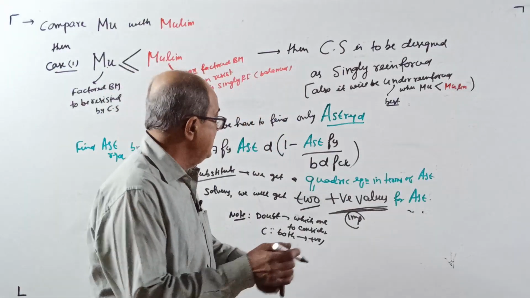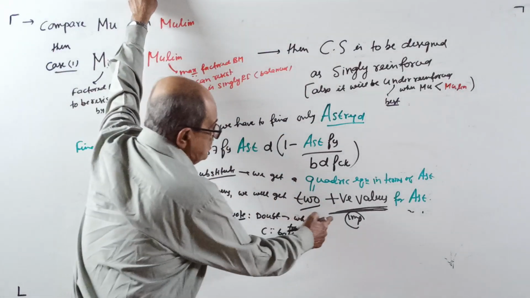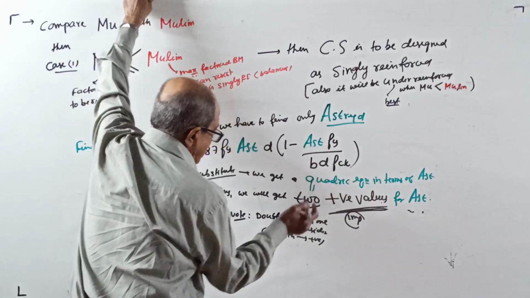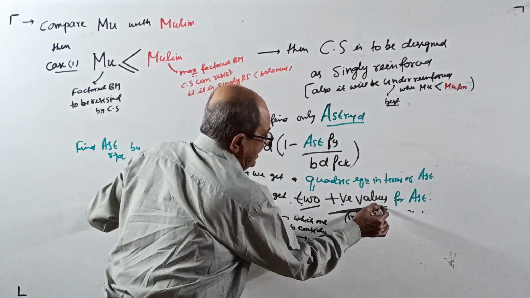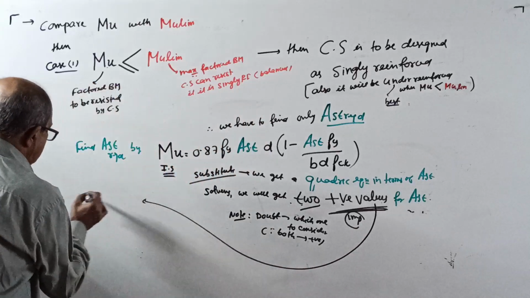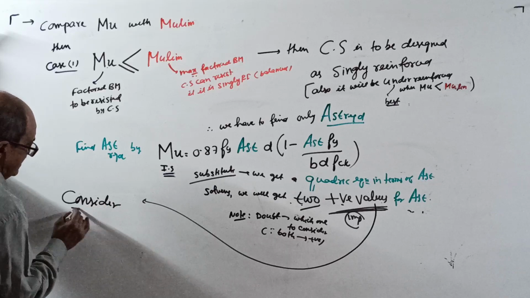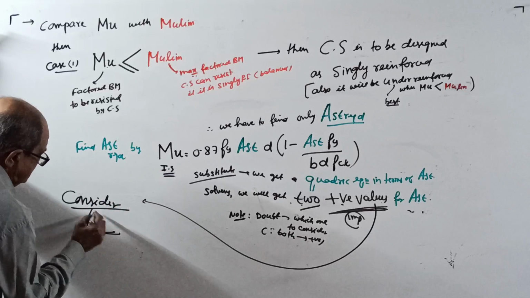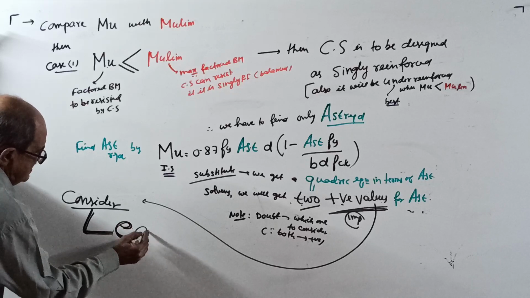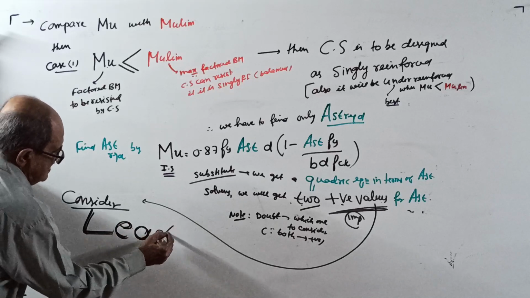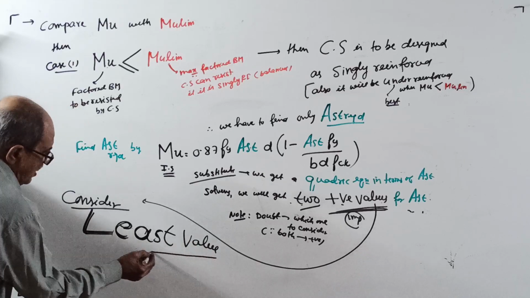Leave it now. But here, this is not strength of materials. It is the RCC equation. Which one to take? Both values will come positive. Right here, most important, two positive values for AST. Consider the least value, which is the applicable value.